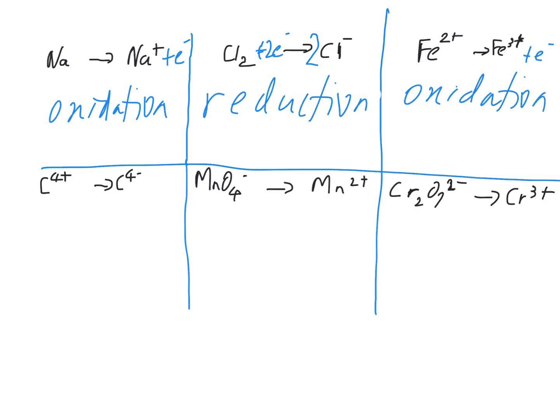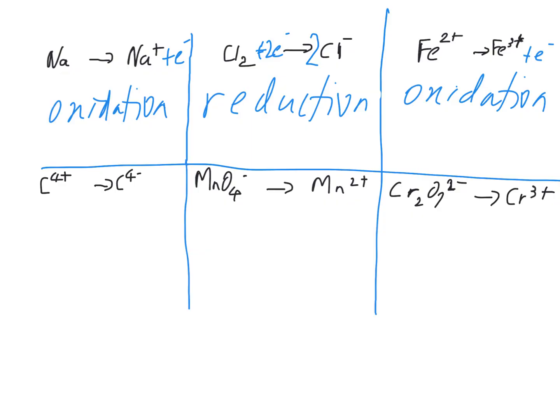Next up, we have a slightly weird example. Carbon going from 4+ to 4-. Step 1, balance carbon atoms. They're balanced. Step 2, oxygen, there is none. Step 3, hydrogen, there is none. Step 4, balance the charge. The charge on the left is 4+, the charge on the right is 4-.